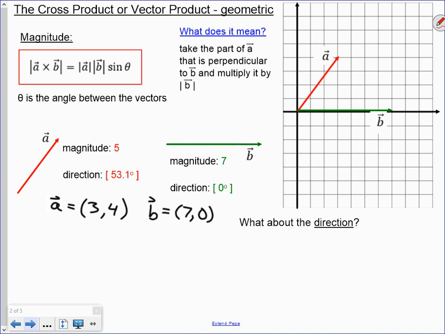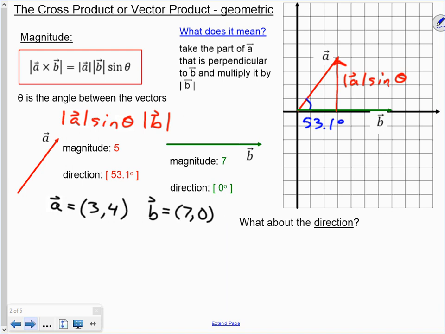If I rearrange this formula a little bit, it's magnitude A sine theta times the magnitude of B. We know from our discussion of components that magnitude of A sine theta is going to be this vertical component here of our vector A. So A sine theta, and again, our angle between them is still our 53.1 degrees.